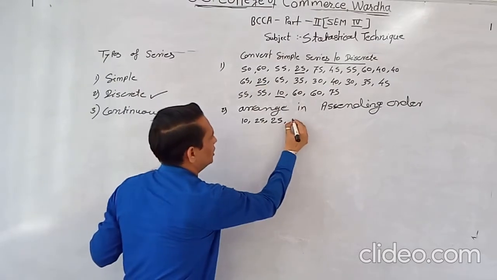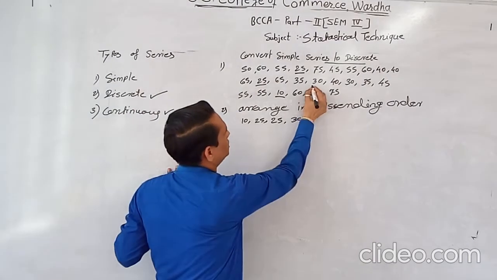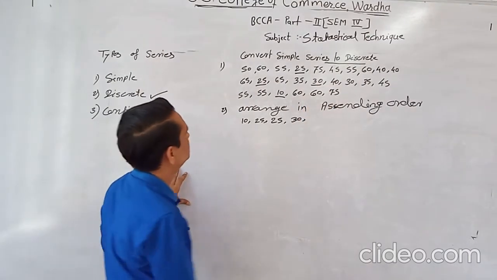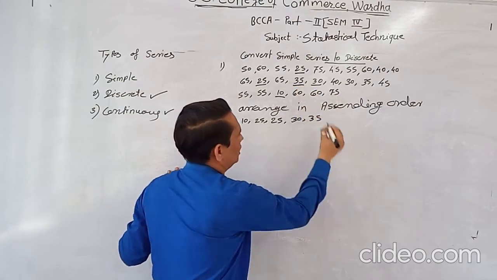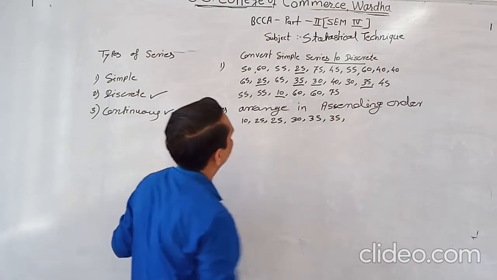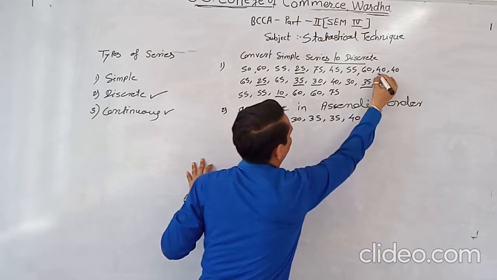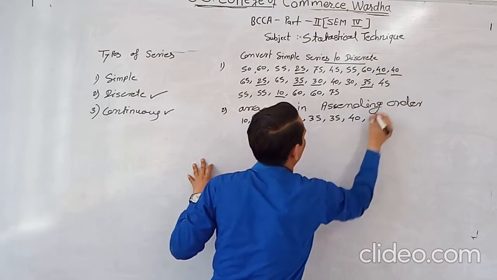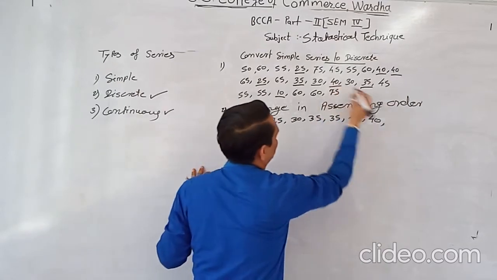Then 30. Then 35, again 35. Then 40: first 40, second 40, third 40.